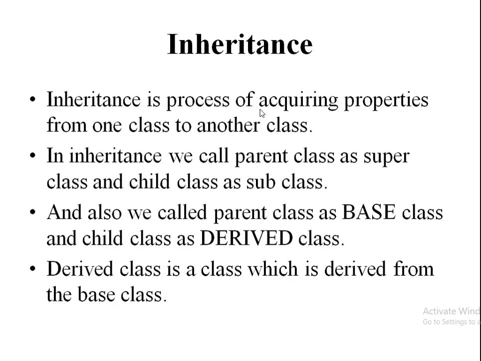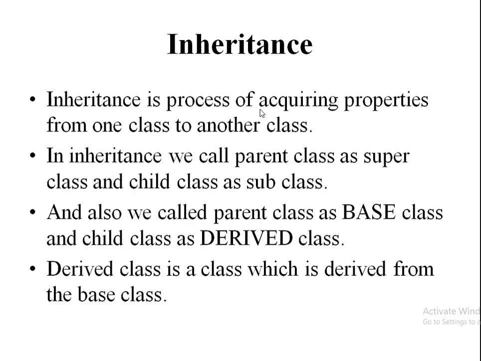Next, inheritance. Inheritance is a process of acquiring properties from one class to another class. In inheritance, we call the parent class a superclass and the child class a subclass, and also we call the parent class a base class and the child class a derived class.